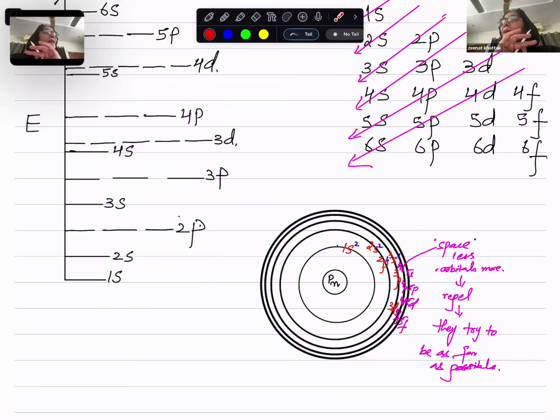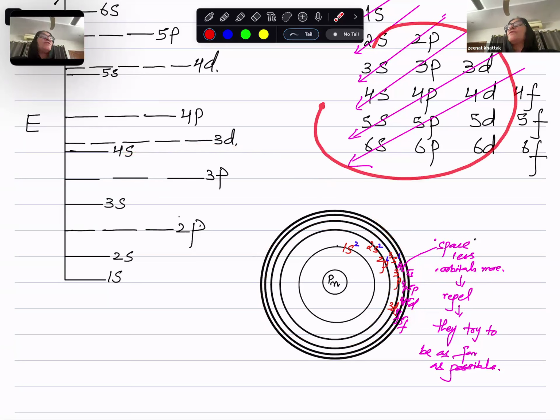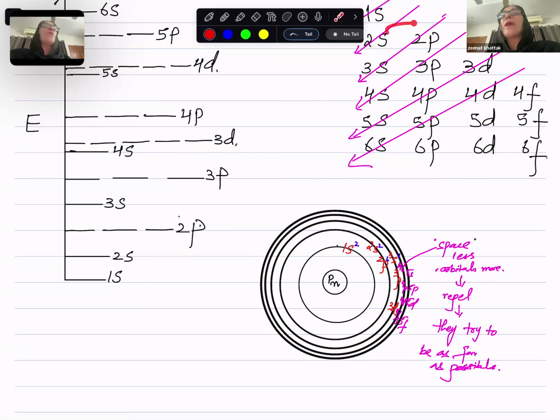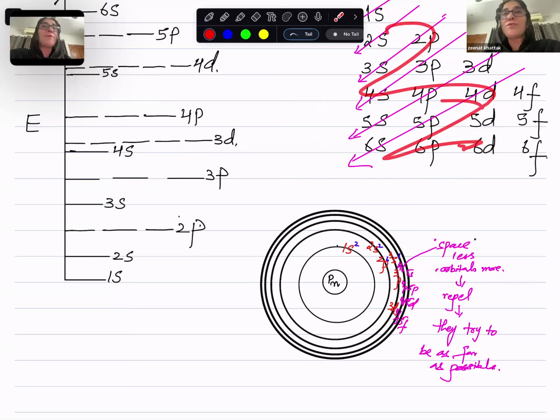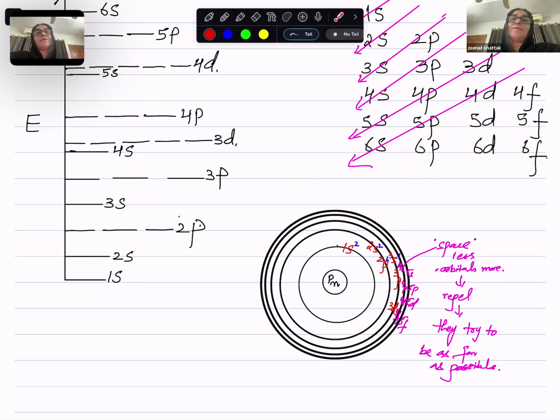So these are electrons. They decide their own repulsive and attractive forces. We are not the ones who will give them a rule that they are supposed to obey. No, they're not going to obey us. We are just exploring how they are. And when we explored, the conclusion was this. This is a way that helps you to memorize this.